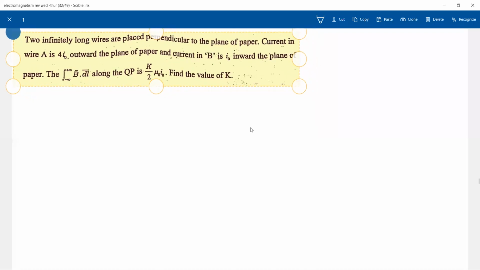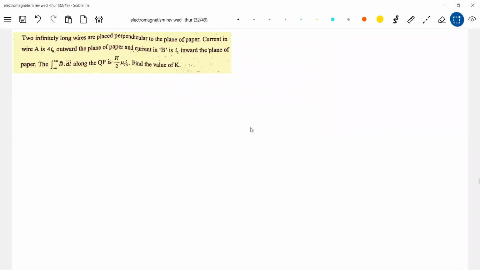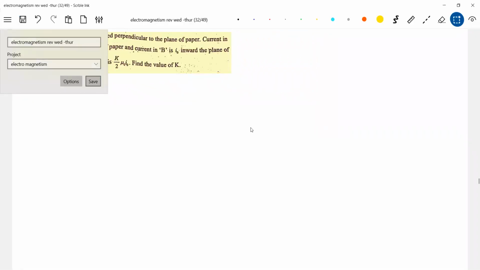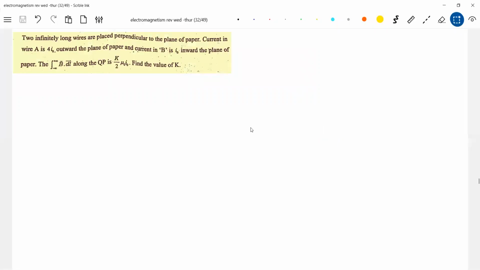Okay, before this, let's have some background. What is the meaning of B bar dot dl?